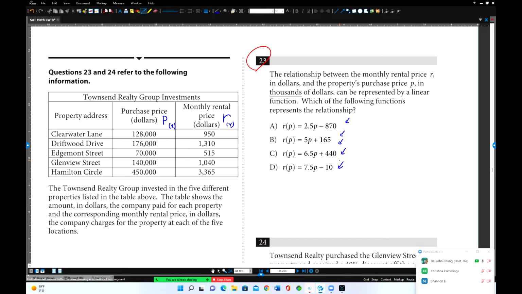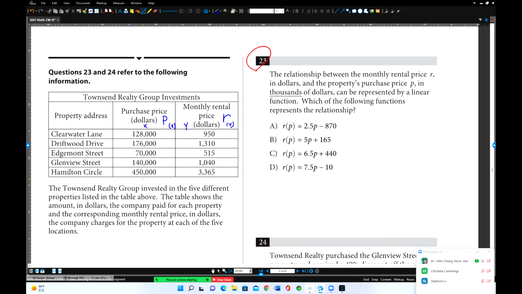But in this case, they all have different slopes and different y-intercepts. When x equals 128,000, y equals 950. I'm going to the table. Anyway, this is the x, this is y. So we have 5 numbers there. Which one is equal to this one?